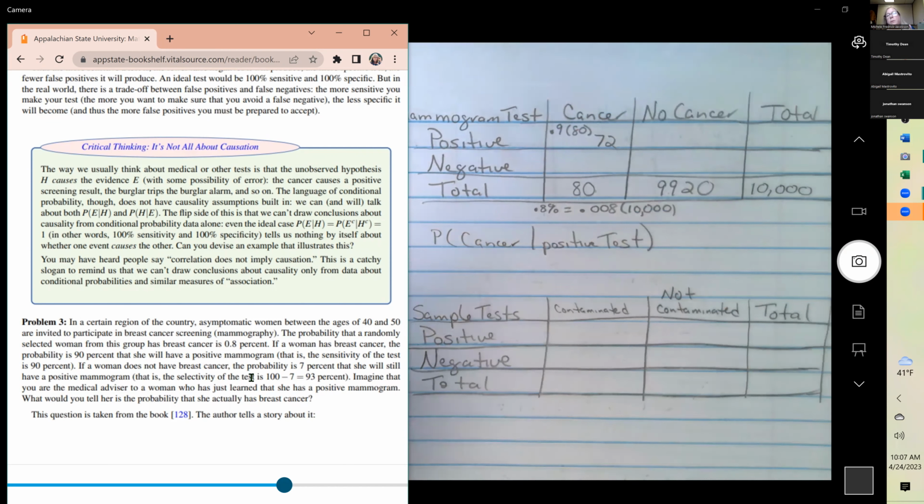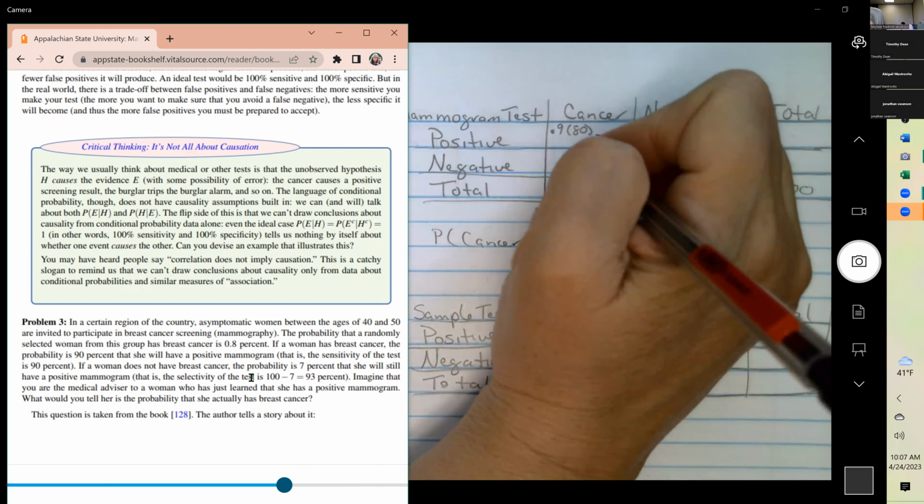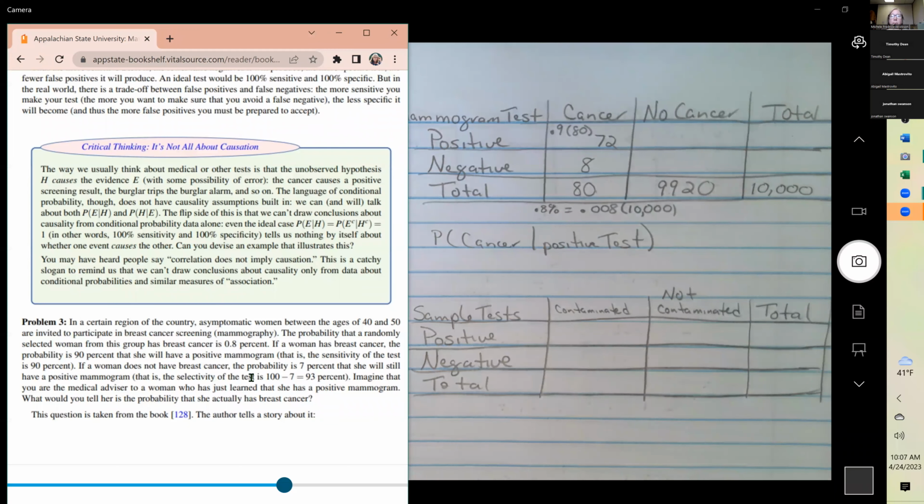So 72 of those 80 women will test positive. How many of those 80 women will test negative? Anyone? 8. Because 80 minus 72 is 8. Any questions so far?